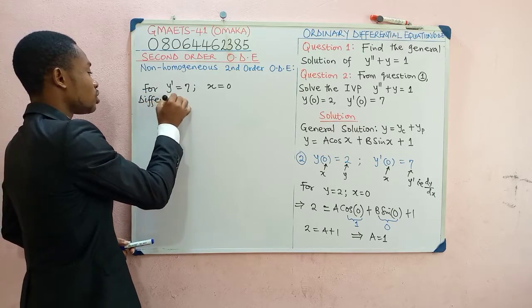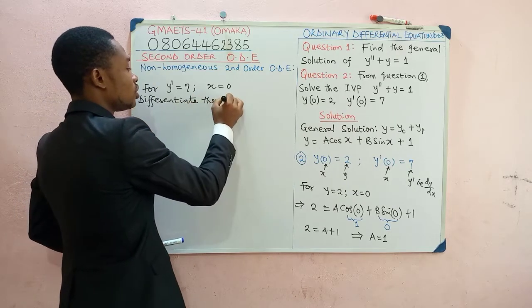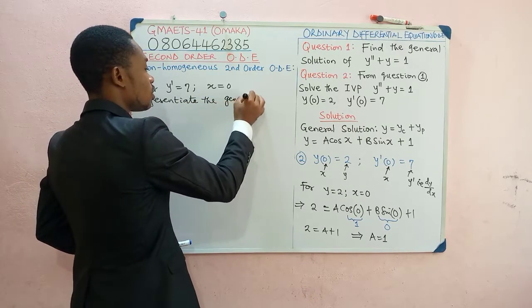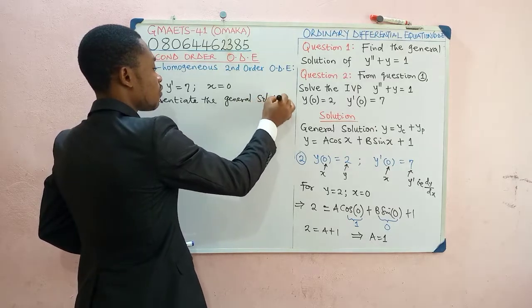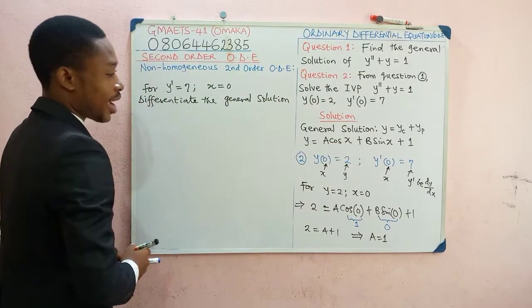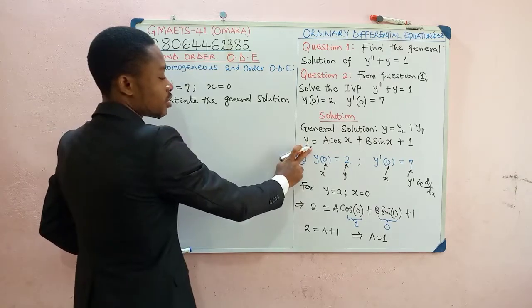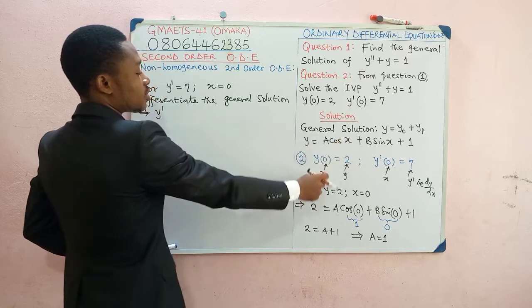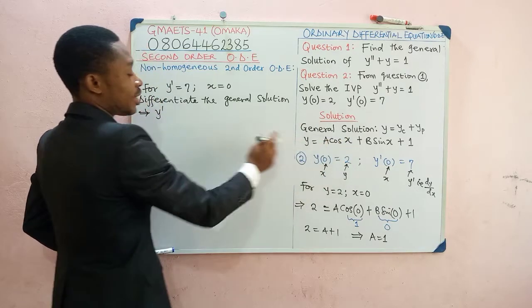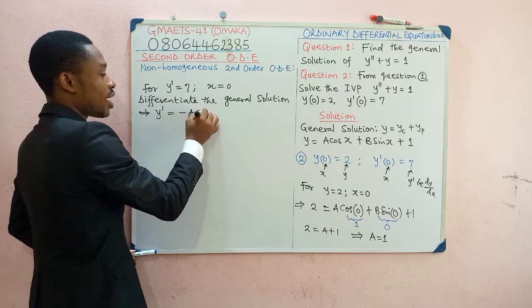The general solution is y equal to a cos x plus b sine x plus 1. So y prime: differentiate a cos x, keeping a constant, you get minus sine x, so that's equal to minus a sine x.